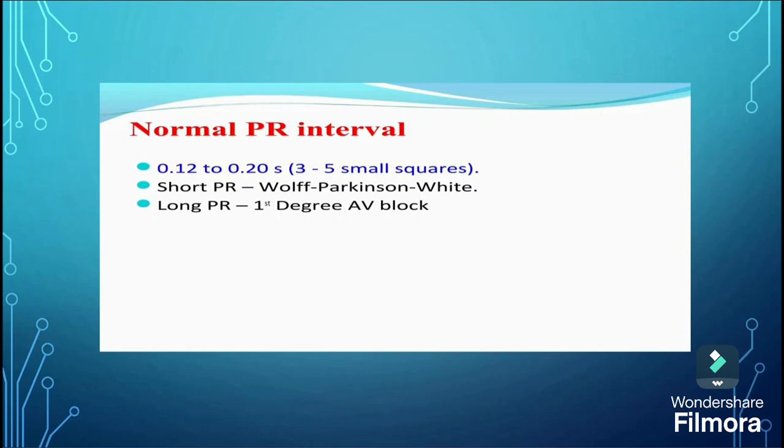So this is also a conduction defect. So that is long PR. You will be seeing it in first degree AV block, and in WPW you will be seeing short PR interval. Normal PR interval is 0.12 to 0.20 seconds.